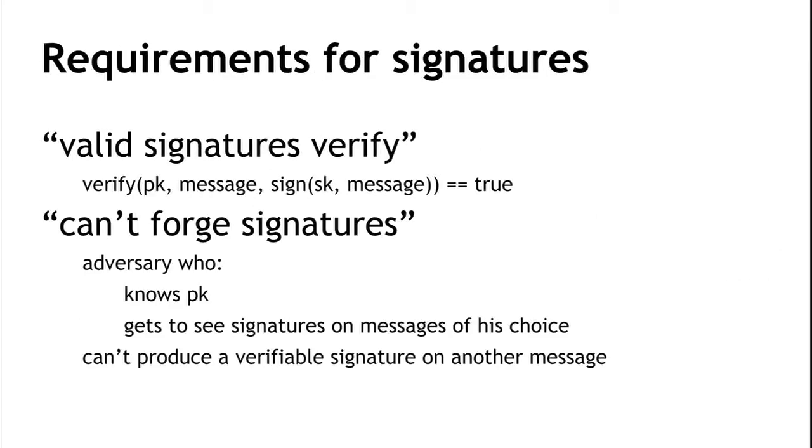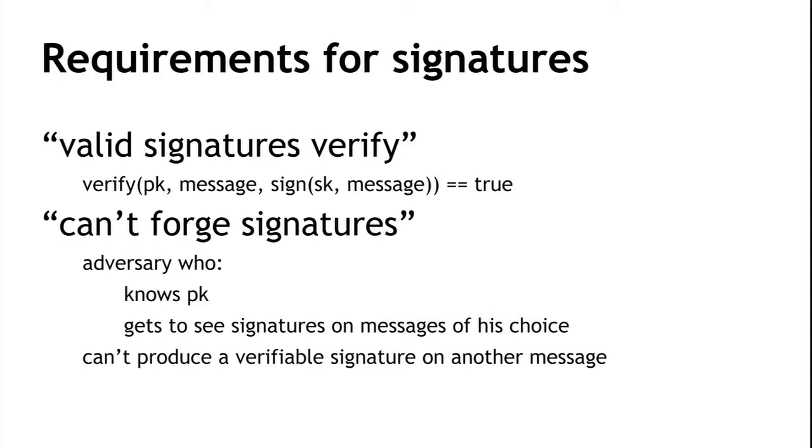Okay, so the requirements for signatures, at a slightly more technical level, are the following two. First, valid signatures will verify. If I sign a message with SK, my secret key, and someone later tries to validate that using my public key and the same message, it will validate correctly.